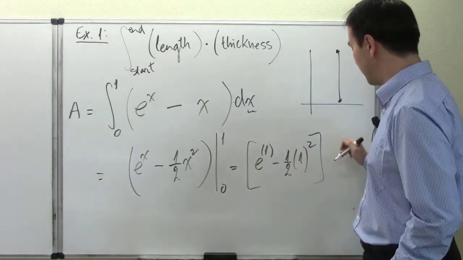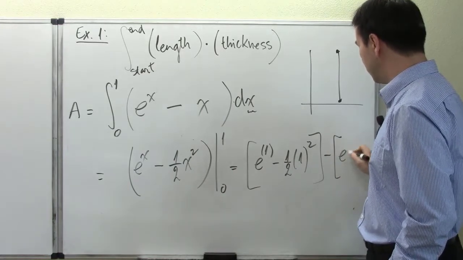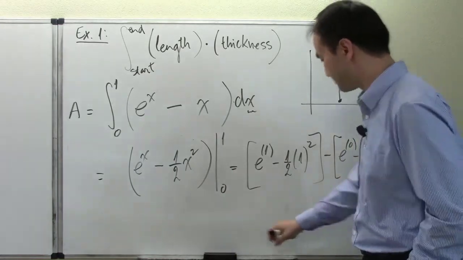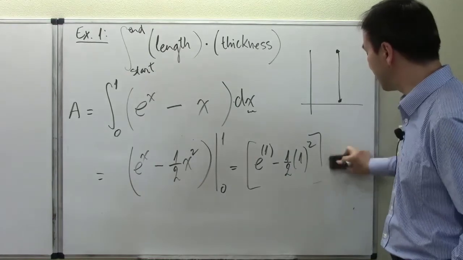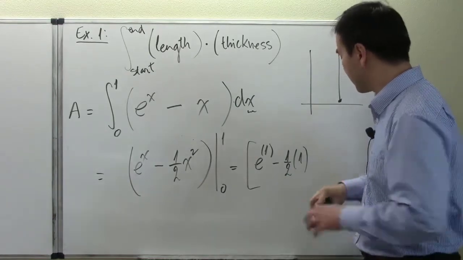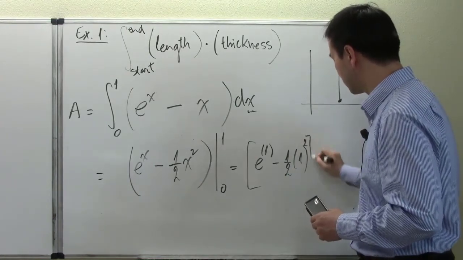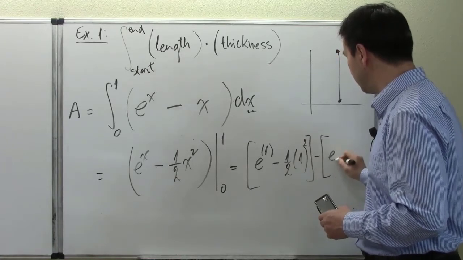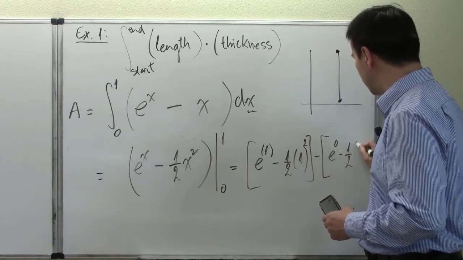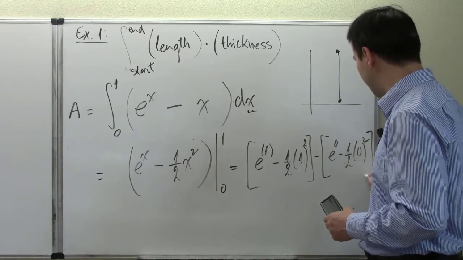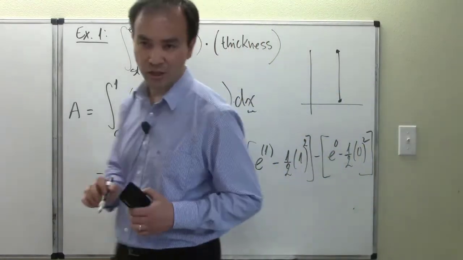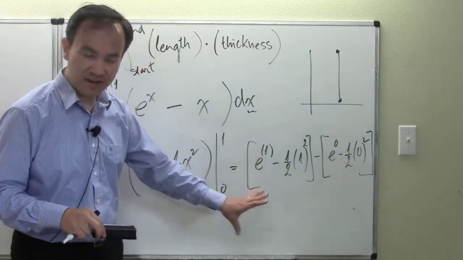And then I am going to subtract e to the 0 minus 1/2 times 0 squared. All right, and so that is the setup calculation for this.